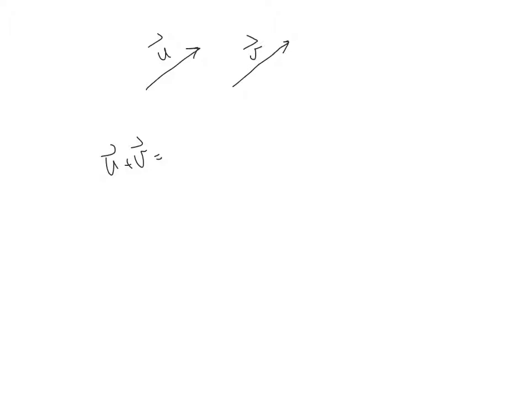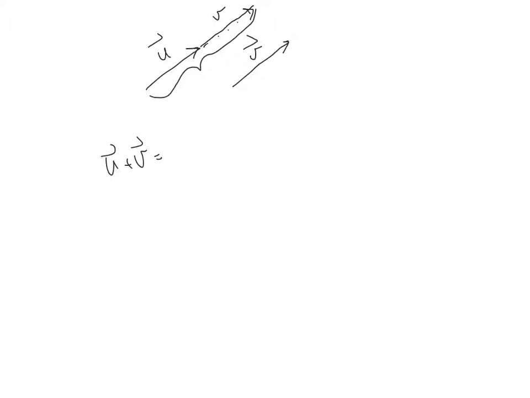So if we find the equivalent vector to v and then move it here, this is going to be v, and the resultant is going to be this vector, which is u plus v.